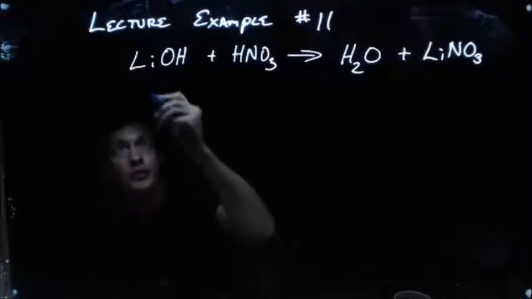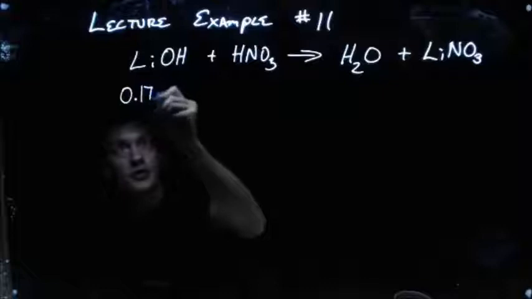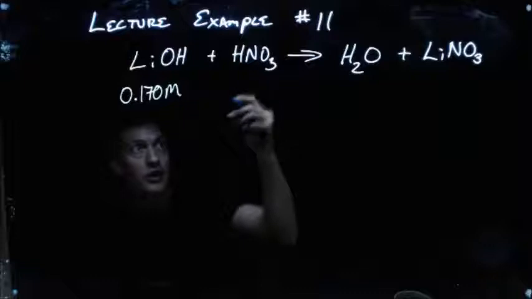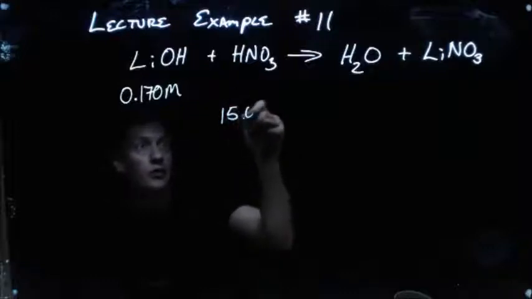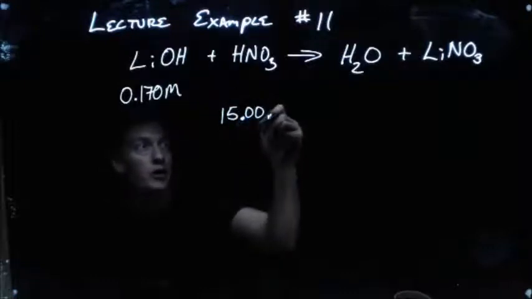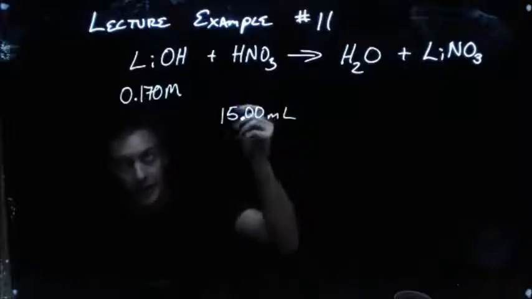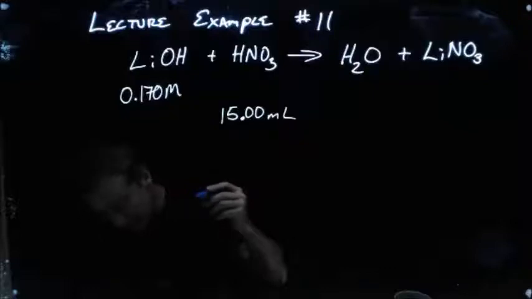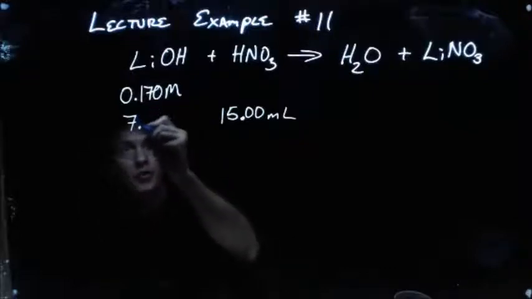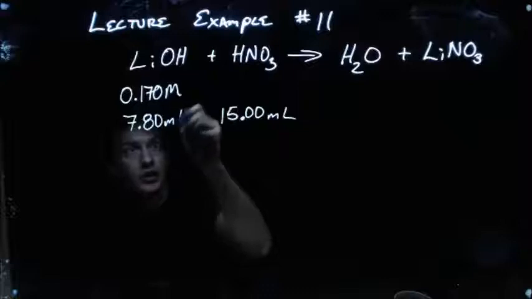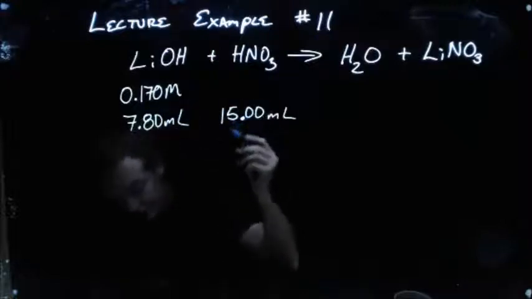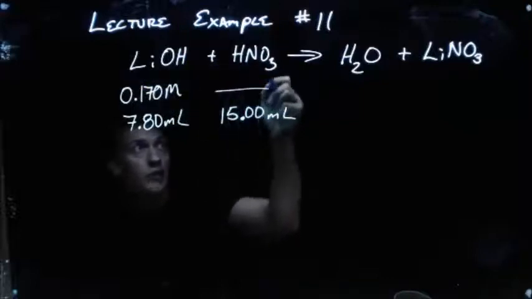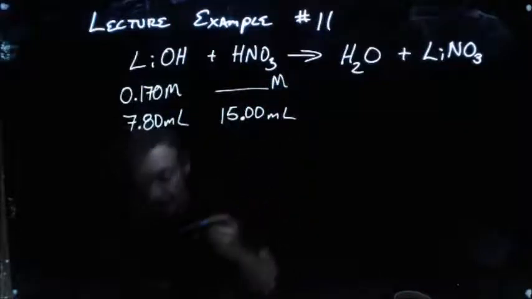So we're told that 0.170 molar lithium hydroxide is titrated into 15.00 milliliters of nitric acid, and that after 7.80 milliliters of base, neutralization occurs. So that means equal amounts of moles of each one, and we want to find the concentration of that acid.